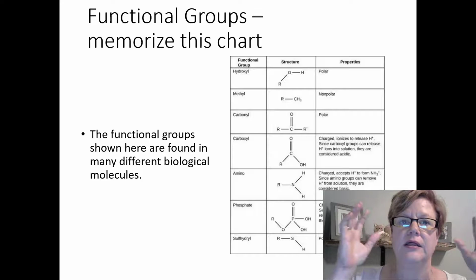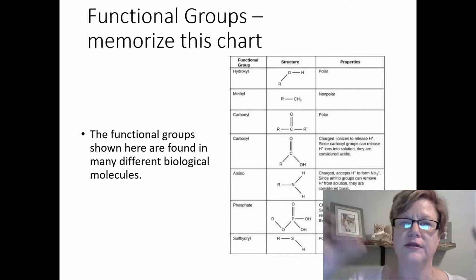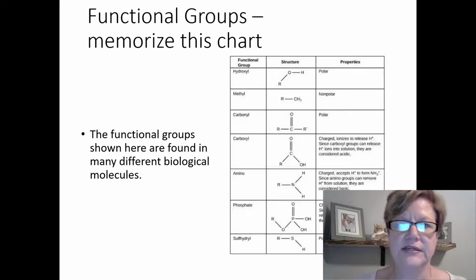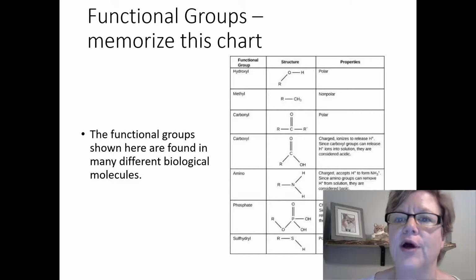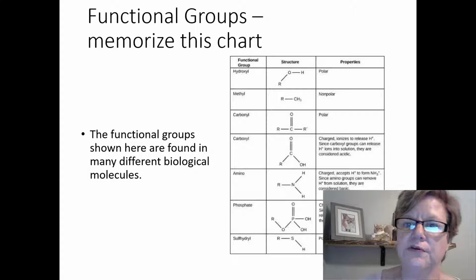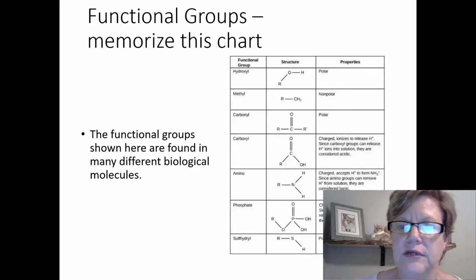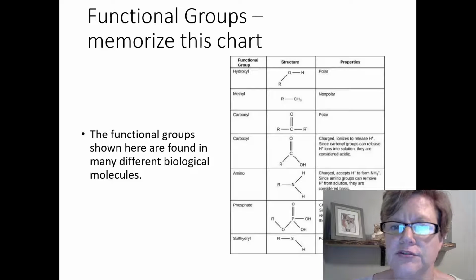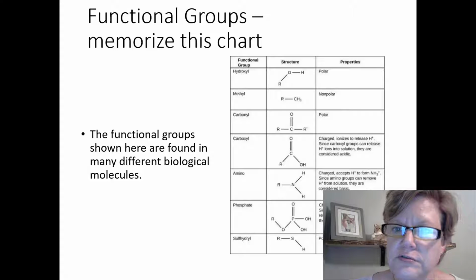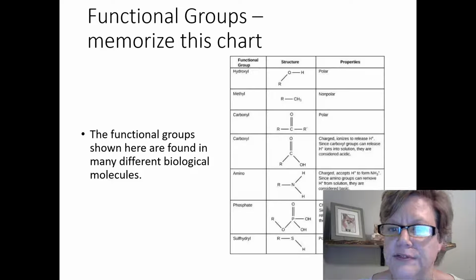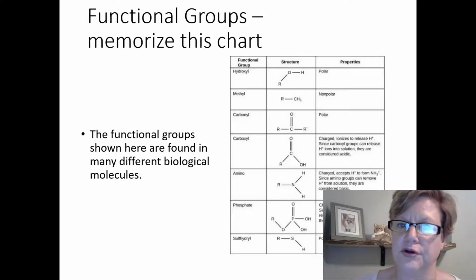And when you take a hydrocarbon and then different functional groups are covalently attached to that hydrocarbon, you basically have a building kit for any kind of biomolecule. And so we refer to these little attachment groups by names. And so you need to know the name of the functional group, the name of the group of atoms, the structure, and then the properties. So basically memorize this whole chart.